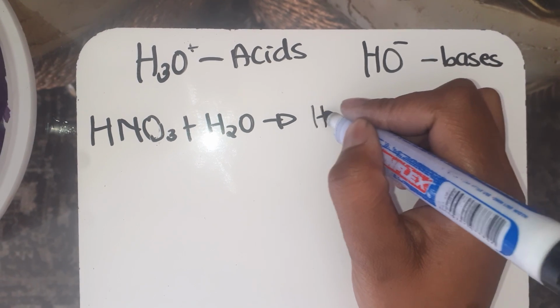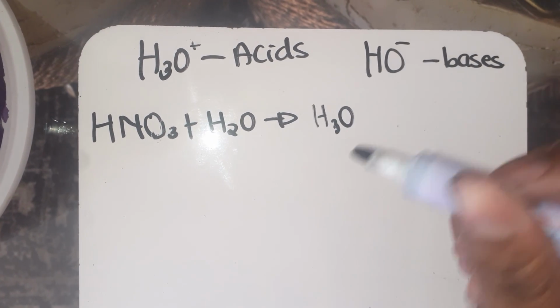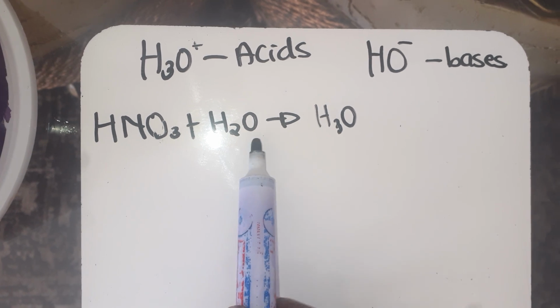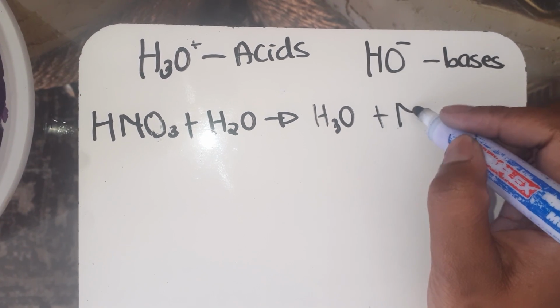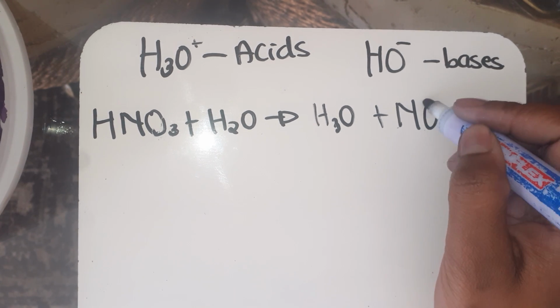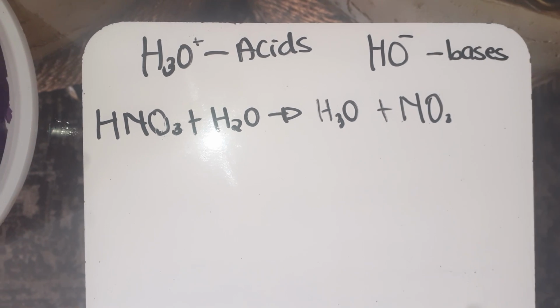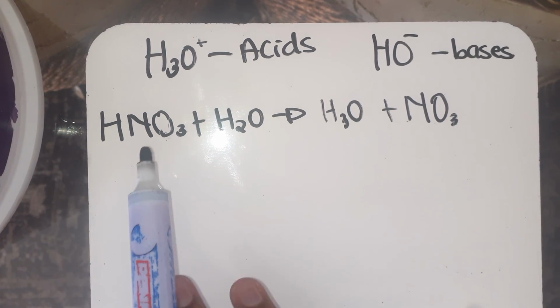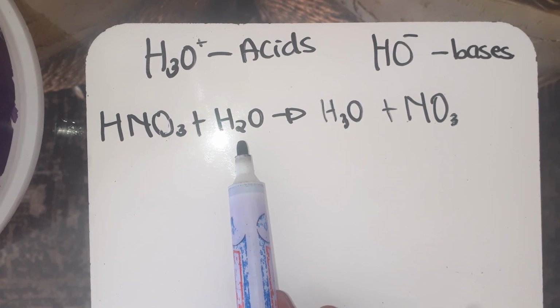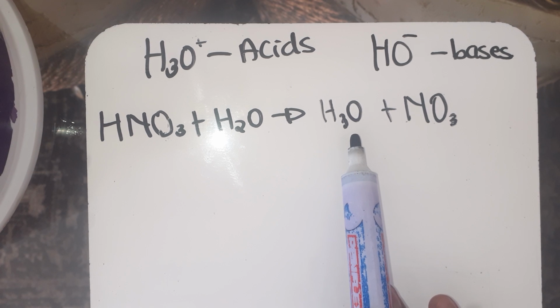So we're gonna have H3O. This acid will donate its H to water to make it H3O, and then we'll just have NO3 this side. So the acid will always give water its H.